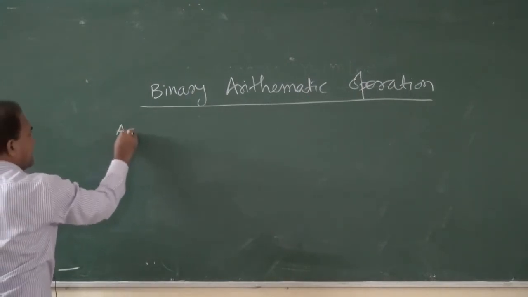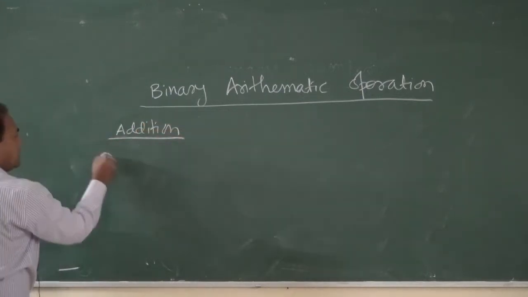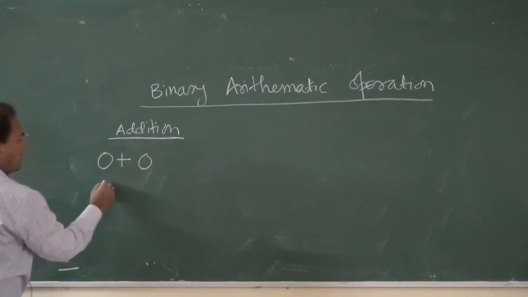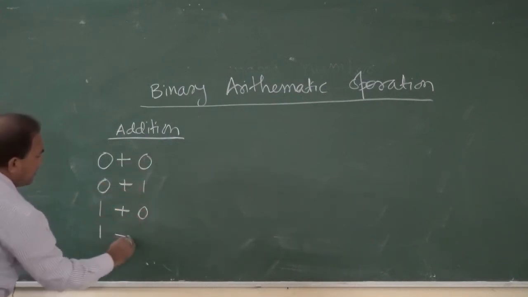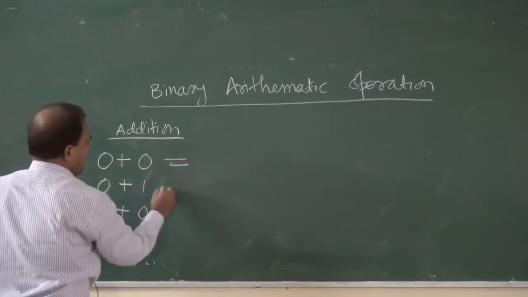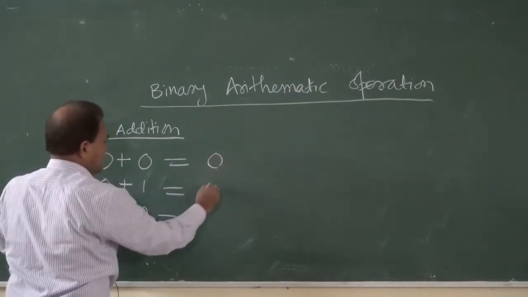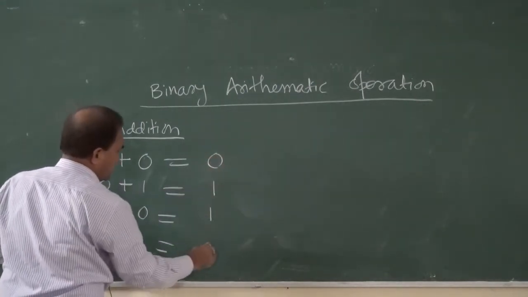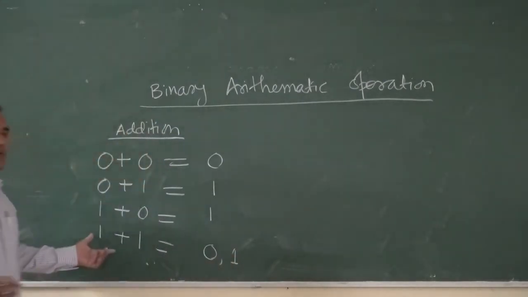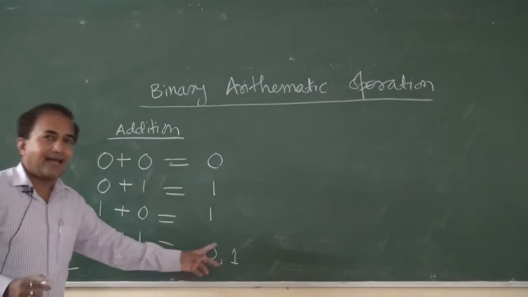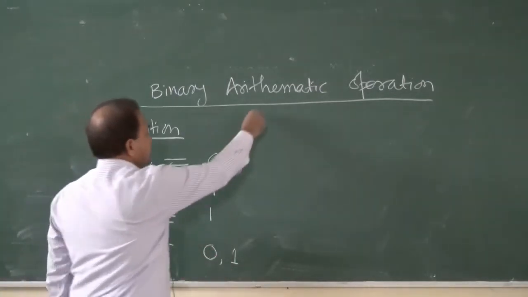So first is addition. 0 plus 0, 0 plus 1, 1 plus 0 and 1 plus 1. What will it be? It is 0, it is 1, it is 1, it is 0 with carry 1. 1 plus 1, sum is 0, carry is 1. This is for sum, this is for carry.